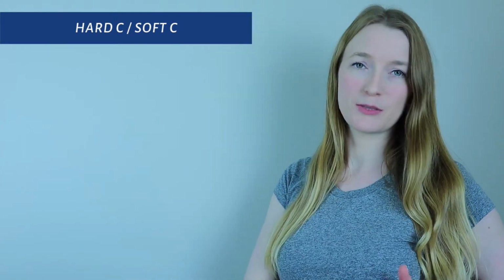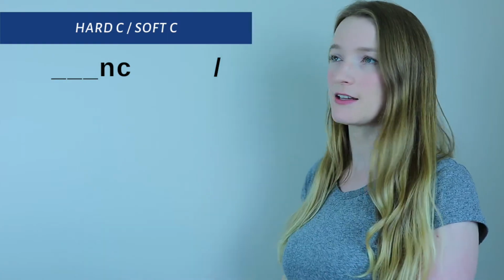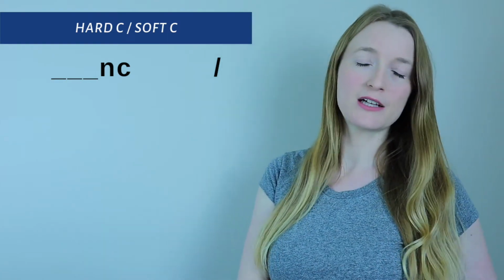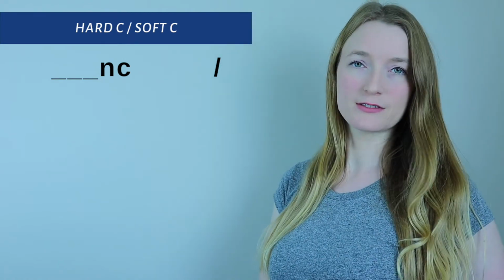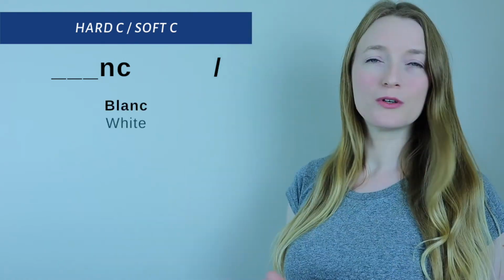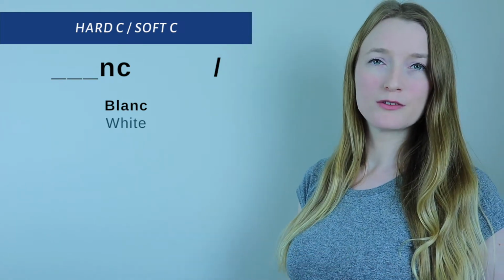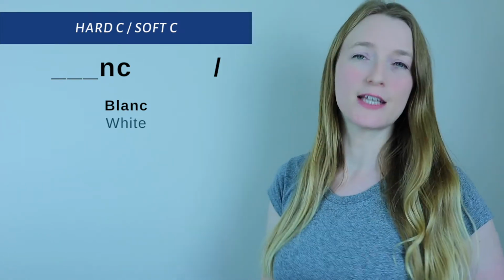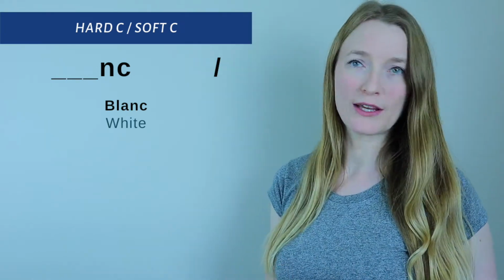The next three are more specific. We're going to see two silent letters and one specific pronunciation. So let's see the first one: when the C at the end is preceded by N. In this case, it's not going to be pronounced. We have blanc, blanc. And why do we have the C at the end then? It's simply because blanc is an adjective, it means white.